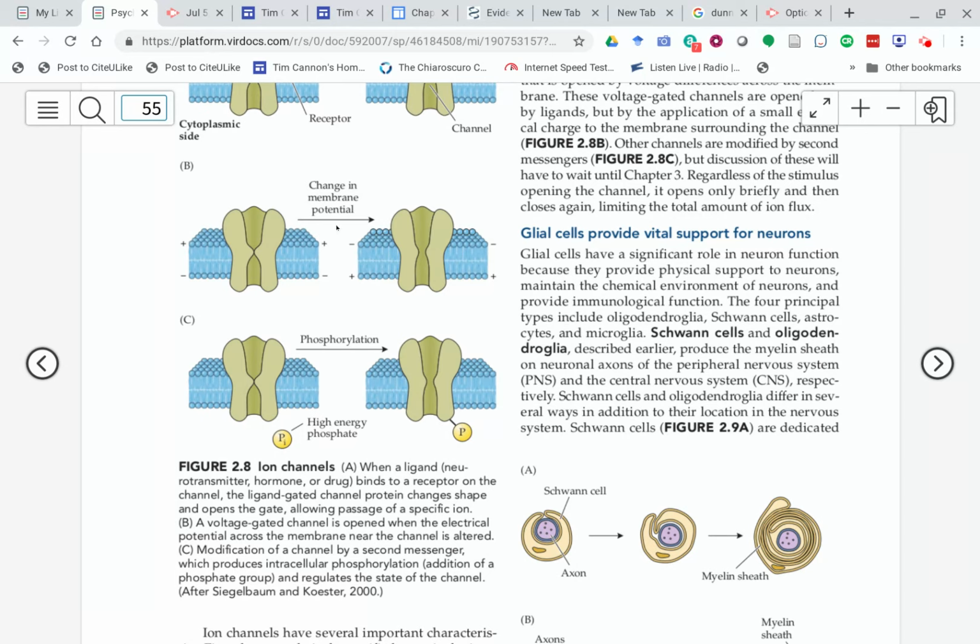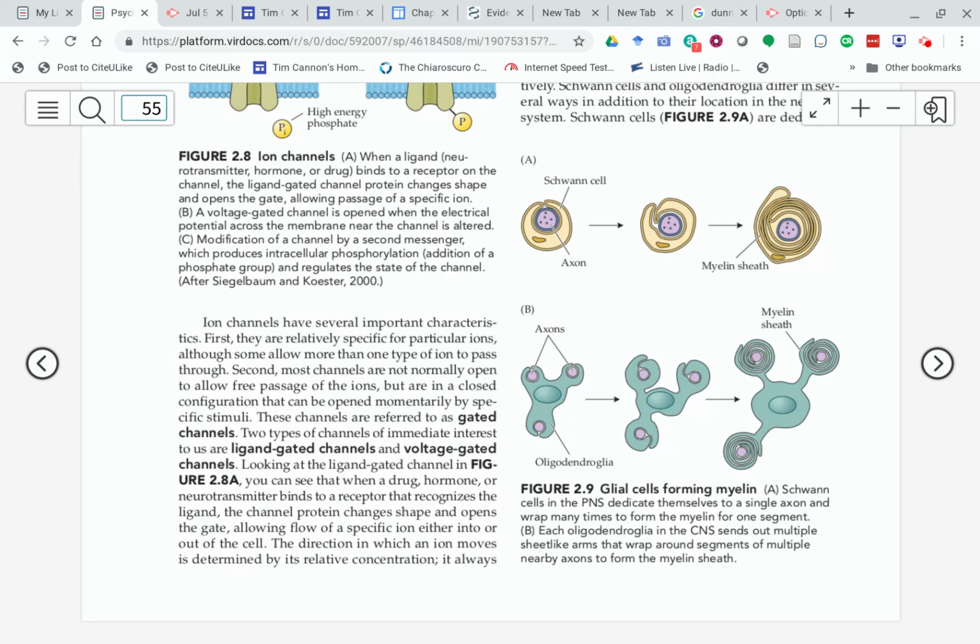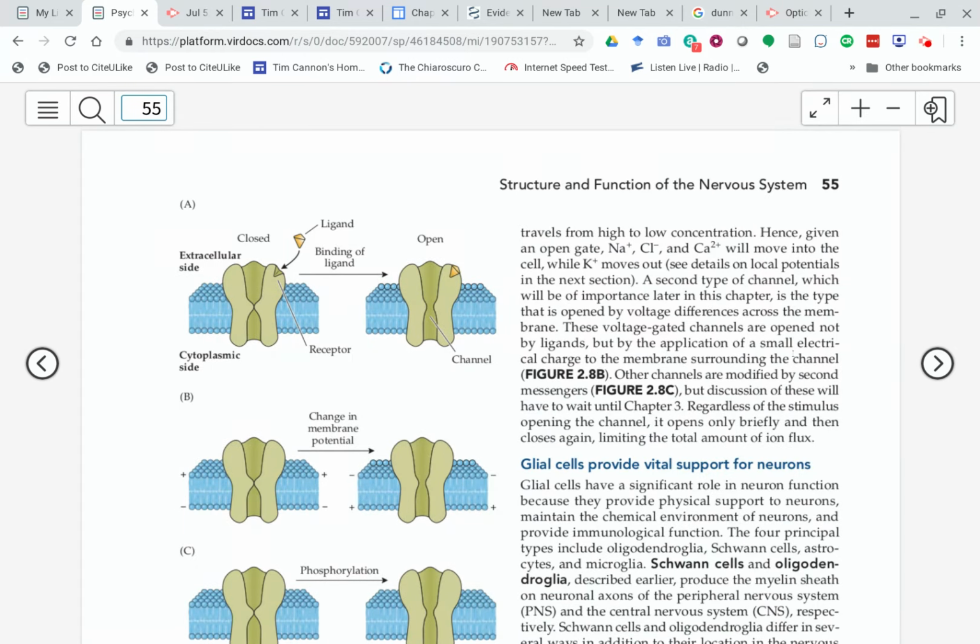And in the middle, we have voltage-dependent channels. You don't need a ligand. You just need an electrical potential, and they respond to that. Confusing now, but it will become less confusing, hopefully in a bit.